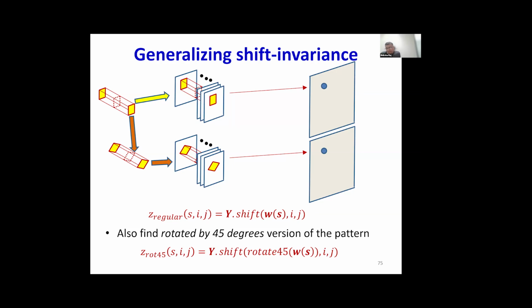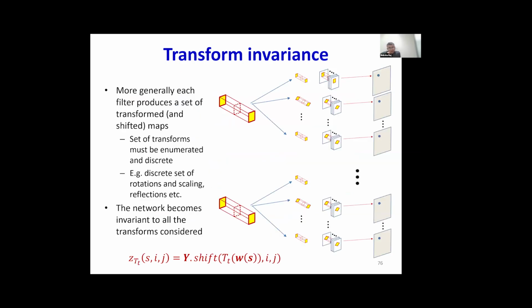Right. And so if I want generic transform invariance, here's what I'm going to do. For each filter, I'm going to enumerate all of the transformations that I want to permit invariance to. So if I want to permit invariance to a rotation by 45 degrees, one of the transformations is going to be rotation by 45 degrees.